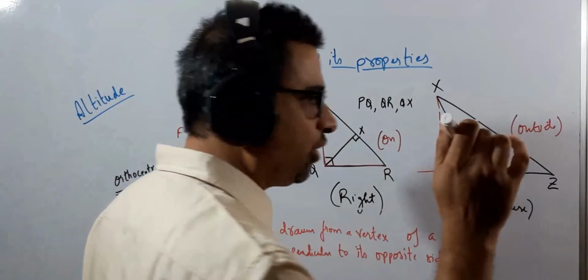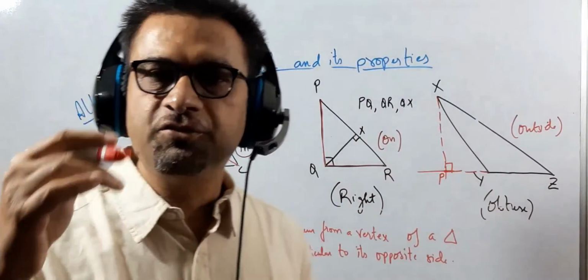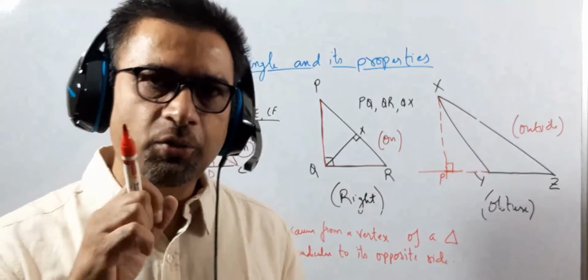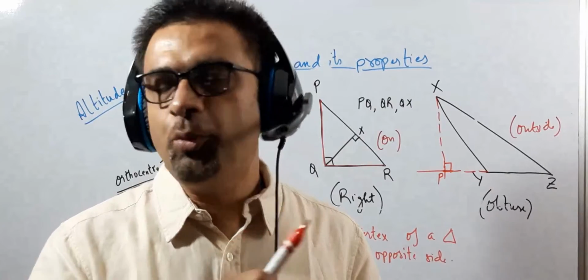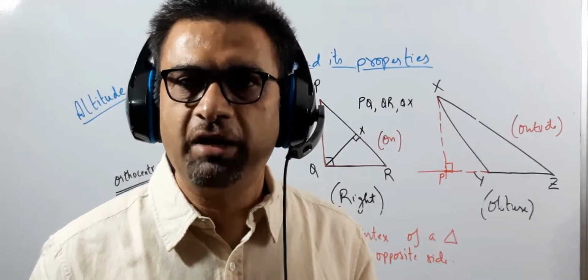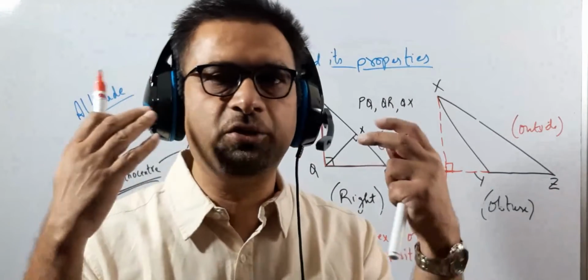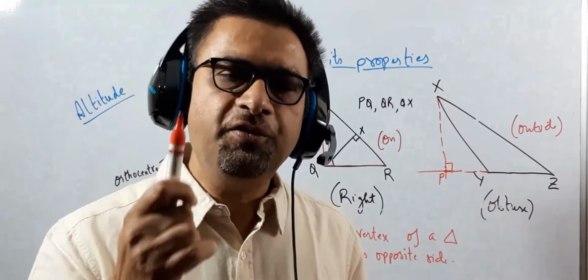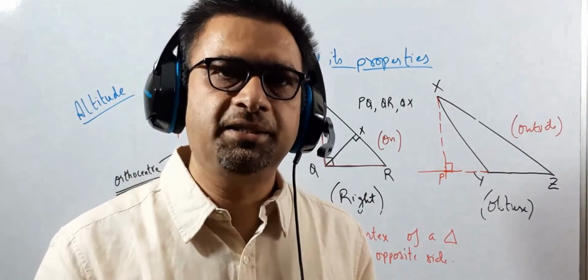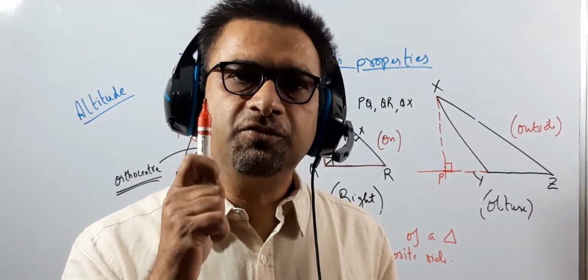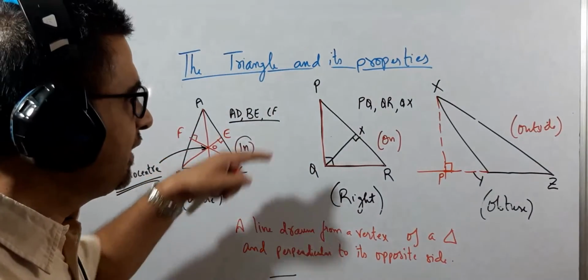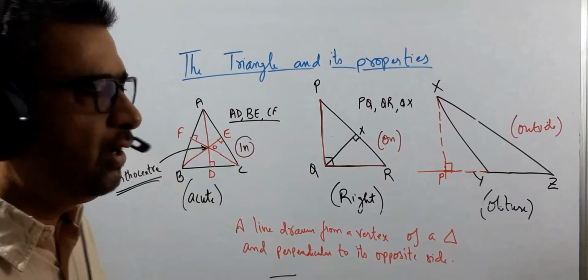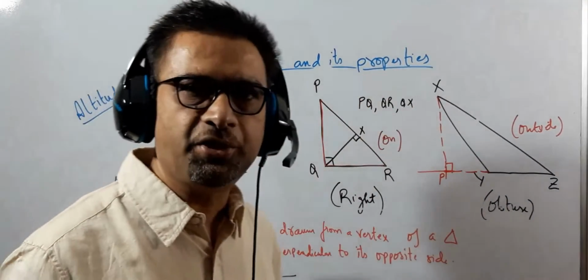So if you recall our discussion for medians, we had noted that the medians lie inside the triangle, no matter what kind of triangle you have, an acute angle or an obtuse angle or a right angle triangle. Every median lies inside the triangle, but in case of altitudes, the altitudes may lie inside the triangle, it may lie on the triangle, or it may lie outside the triangle.